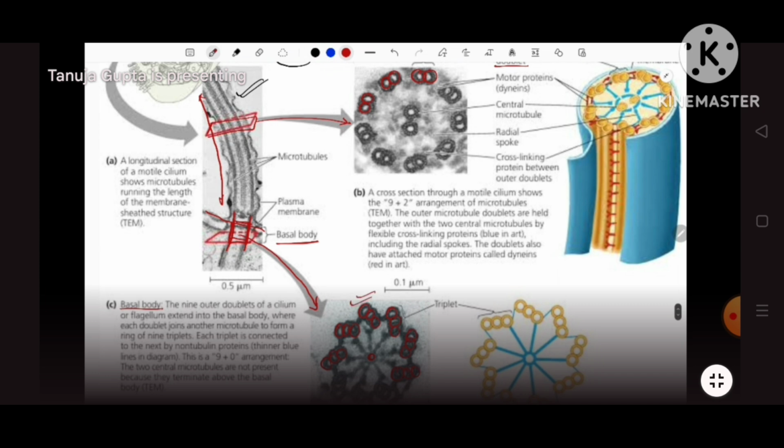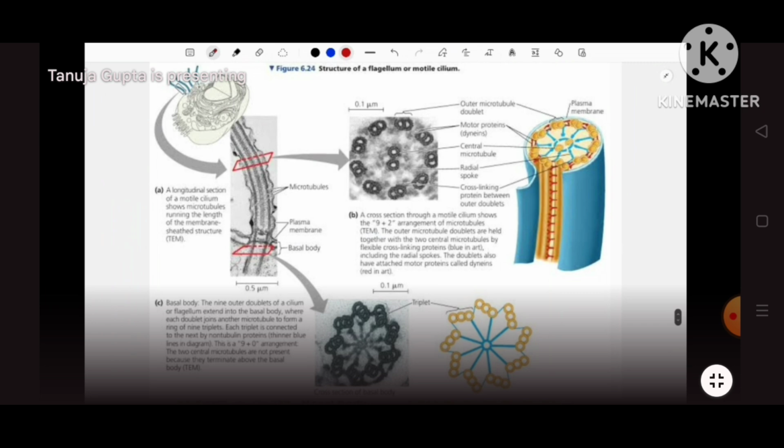Here is a triplet, here is a doublet, and in the center 2 microtubules are present. That's why I'm saying 9 plus 2: 9 doublets of microtubules and 2 microtubules in the center. Got it? So this is the structure of cilia and flagella.